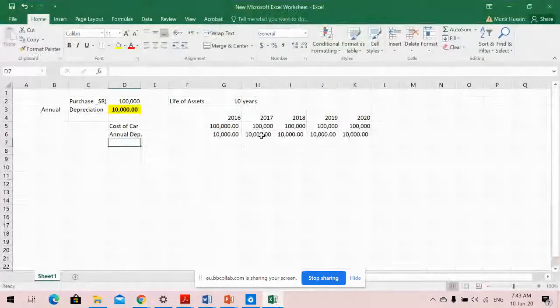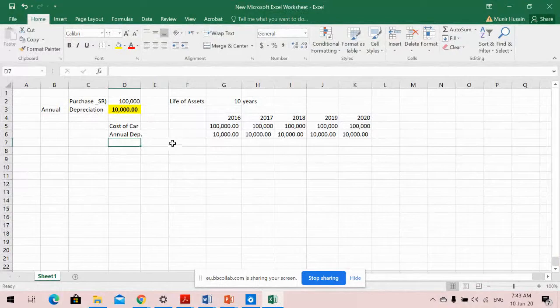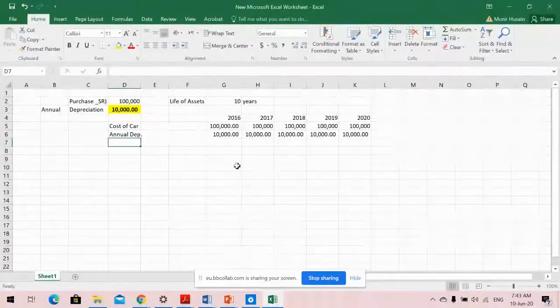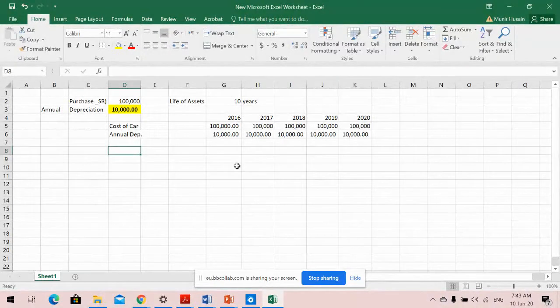Okay, yes. Now, what we see here is that every year there's a depreciation. The value of our car will reduce by 10,000. Let's say in 2016, what is the value of your car? Of course, it is 90,000. What will be the value of the car in 2017? Of course, it will be 100 minus 20. It is 80,000, right?